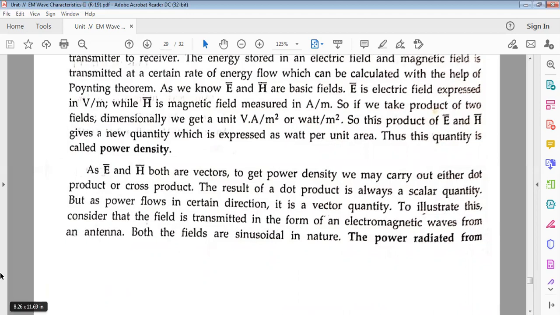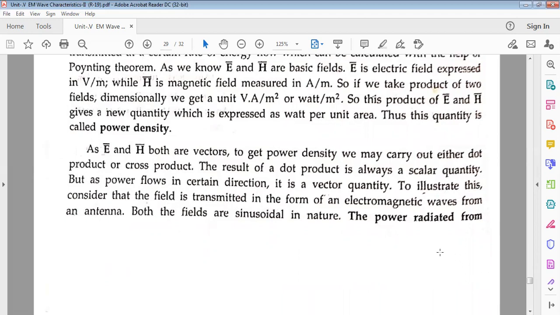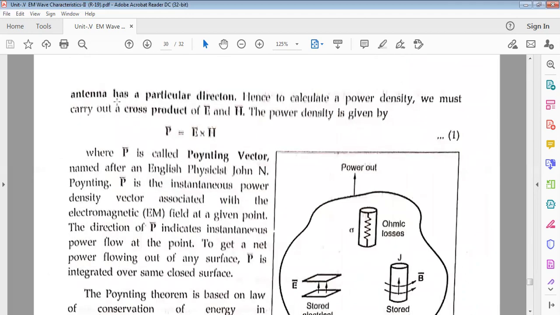Both the fields are sinusoidal in nature. The power radiated from the antenna has a particular direction. Hence, to calculate the power density, we must carry out a cross product of E bar and H bar. The power density is given by P bar equal to E bar cross H bar.